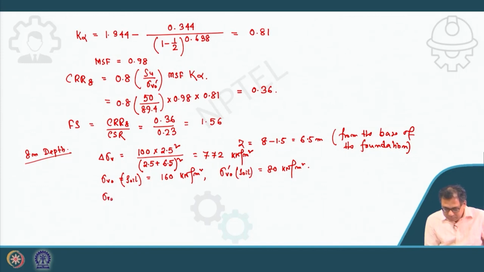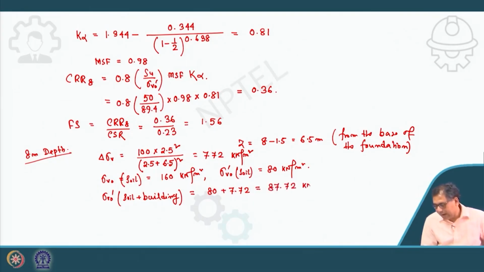So sigma V0 dash for soil plus building is equal to 80 plus 7.72, that is 87.72. So as your depth increases, your sigma V dash for soil will increase, but del sigma V will decrease.